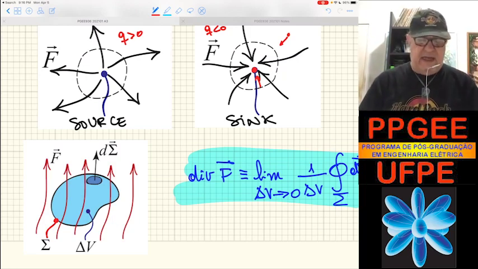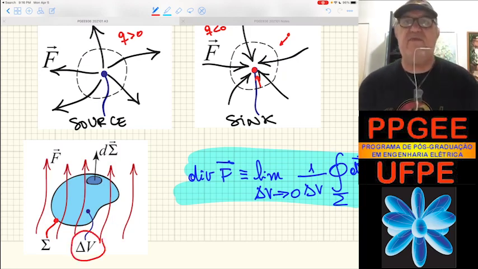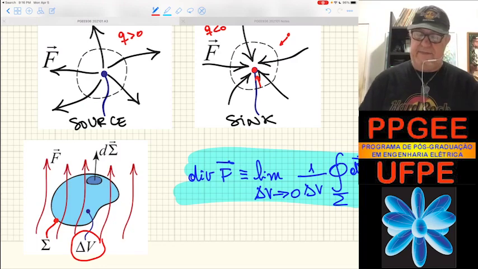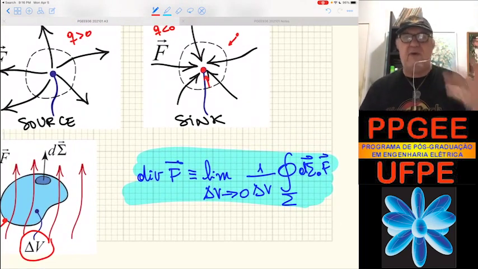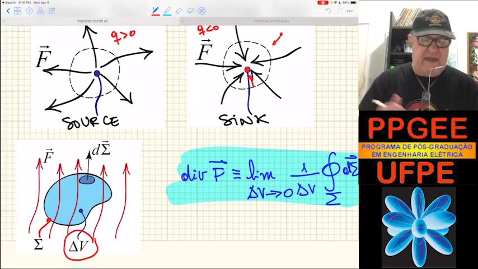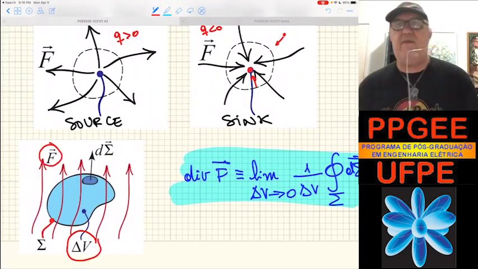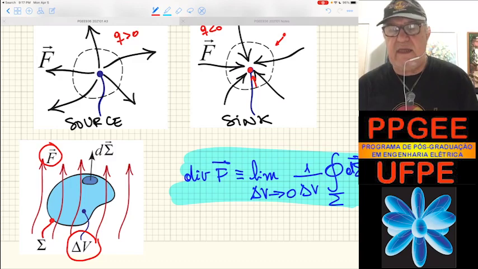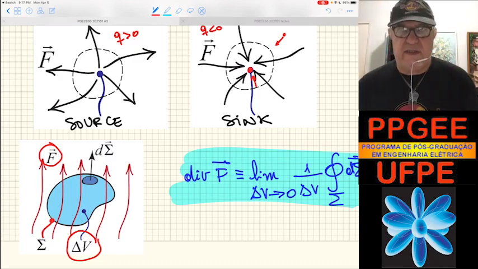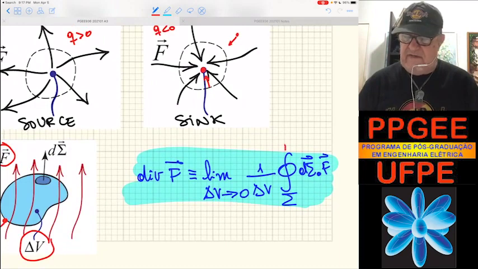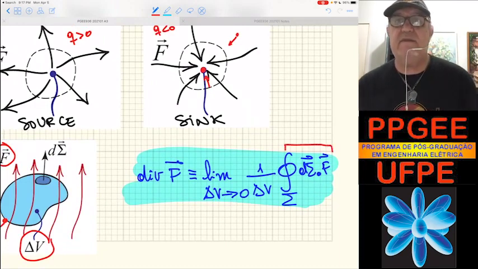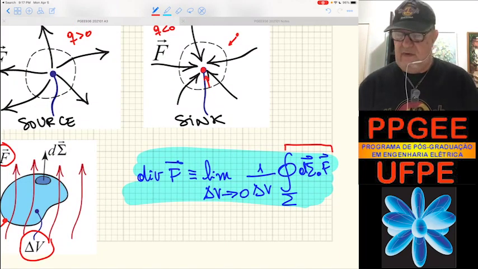This surface encloses a differential volume, delta V in fact. By definition, you calculate the flux of the given vector field, whose divergence you want to determine, outwards of the volume.